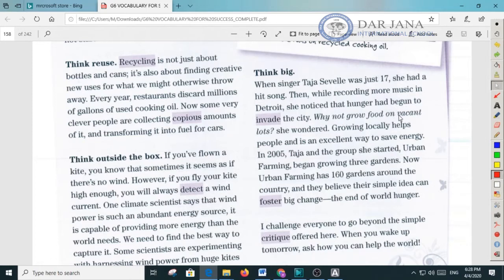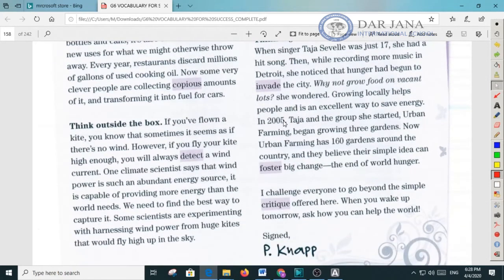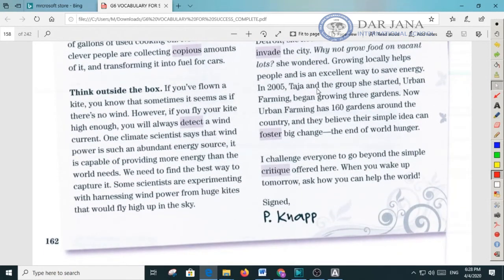Why not grow food on vacant lots, she wondered. Growing locally helps people, and it is an excellent way to save energy. In 2005, Taja and the group she started, Urban Farming, began growing these gardens.